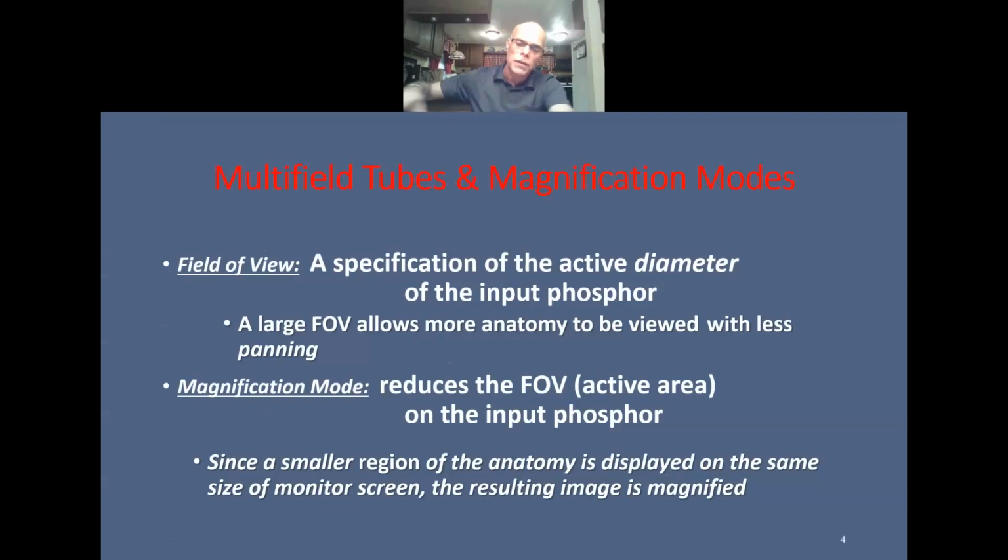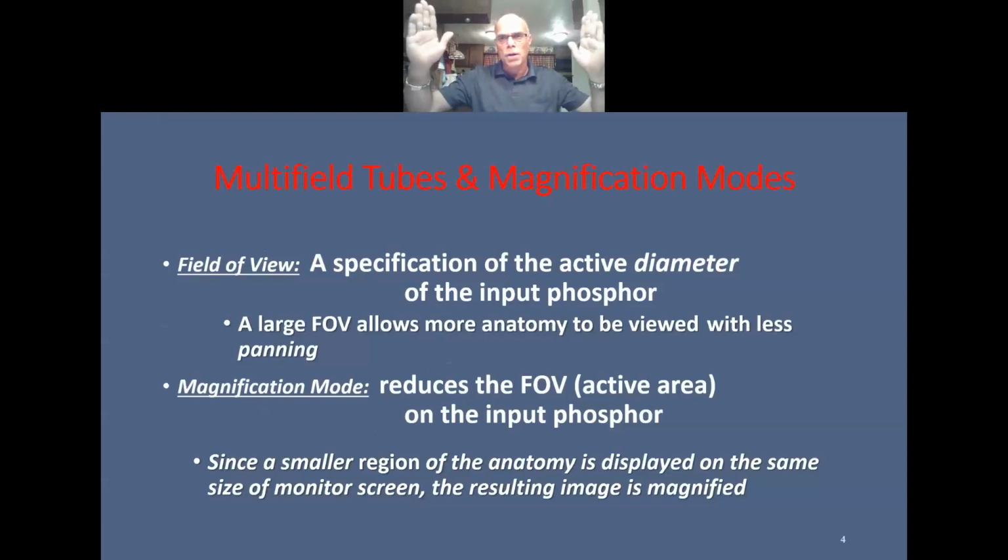But when it's viewed on the same monitor as a full field of view, you're going to see a larger image, because it's using the same pixels, but it's less anatomy, so it's magnified. So reducing the field of view, using less of the active area of your input phosphor, you're going to get a magnification.